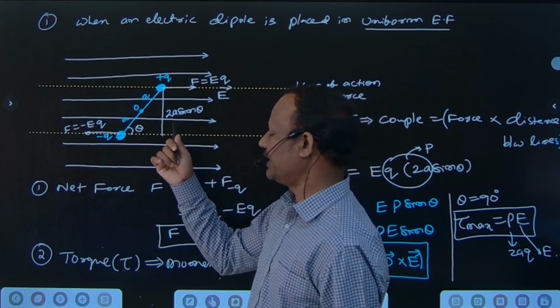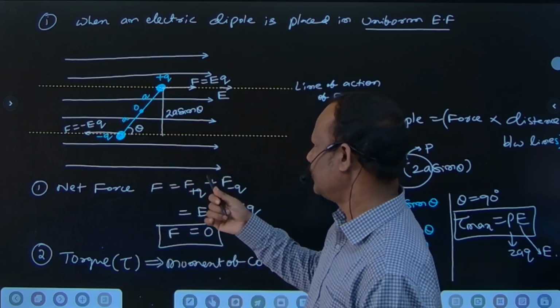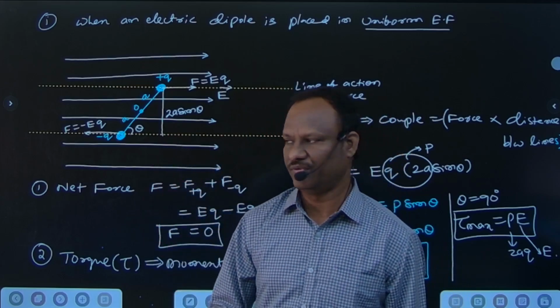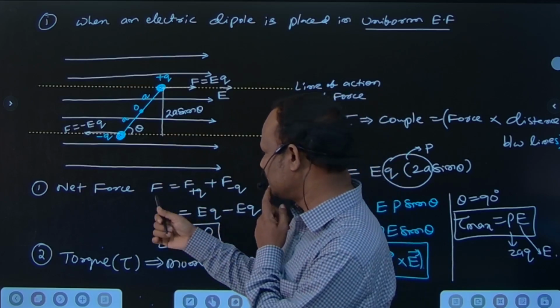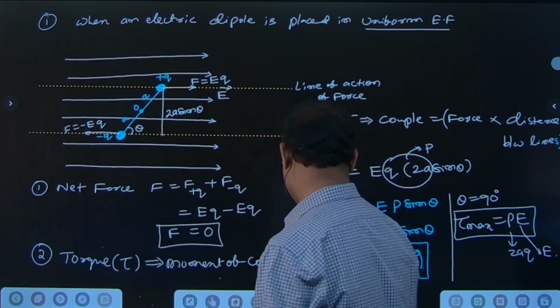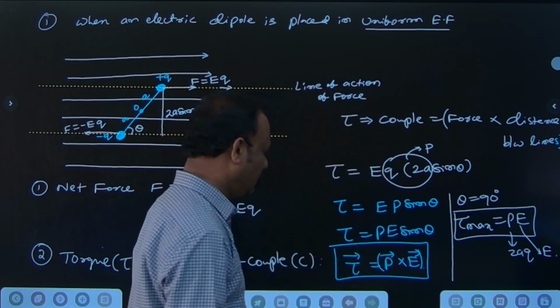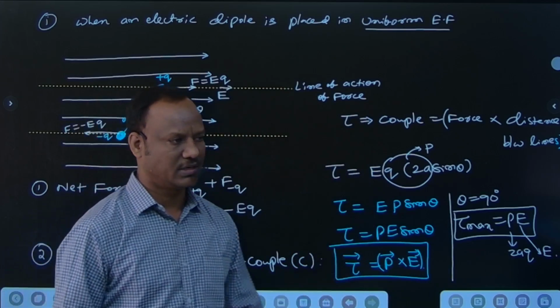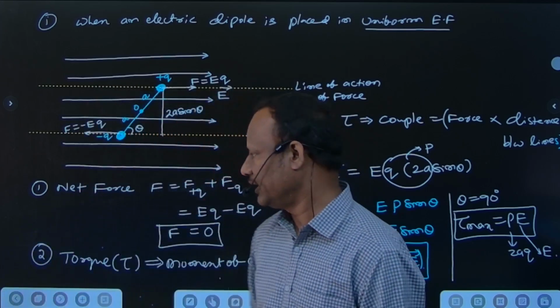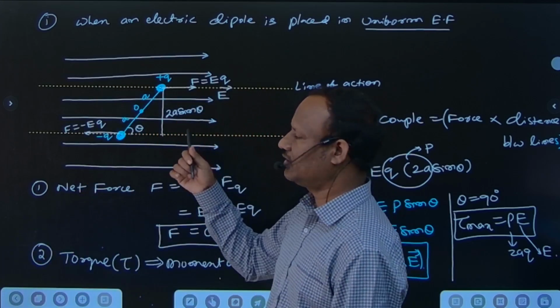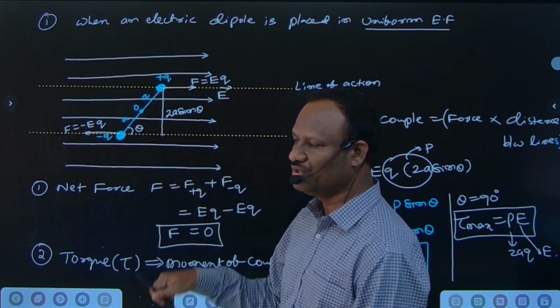Whenever a dipole is suspended or pivoted in a uniform electric field, the net force is 0, and the net torque tau is equal to P E sin theta, that is, P bar cross E bar. Sir, what happens when it is suspended in a non-uniform electric field?